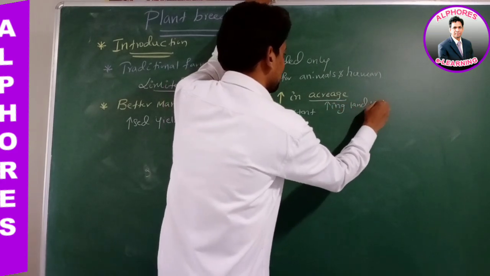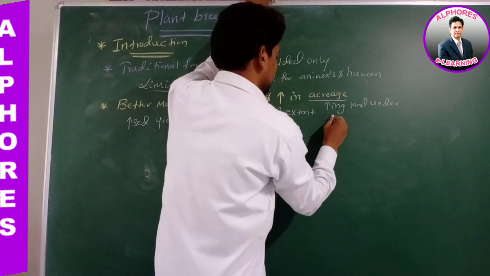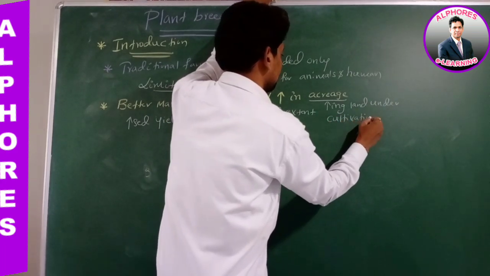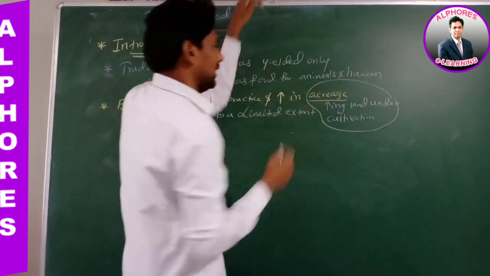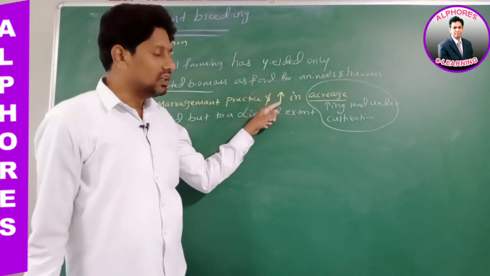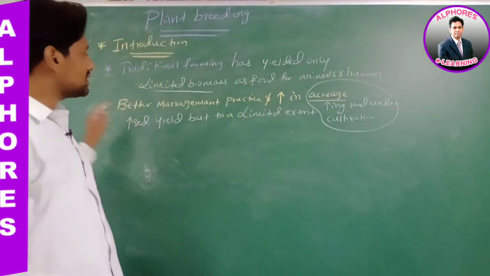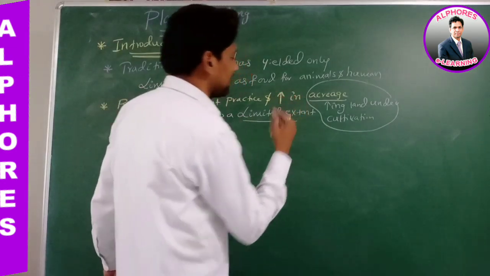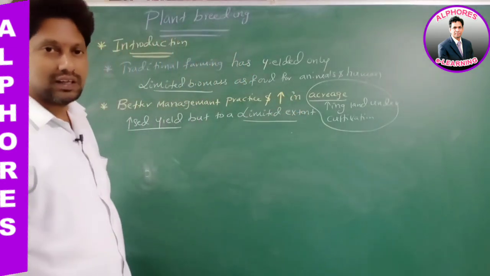Land under agriculture, cultivation. This is called as what, sir? Acreage. Therefore, better management practice and increase in acreage increased yield, no doubt, but that increase was to a limited extent. Is it okay? Right.